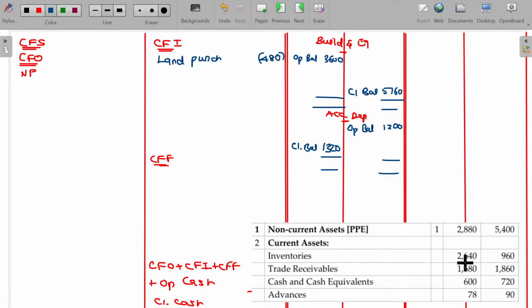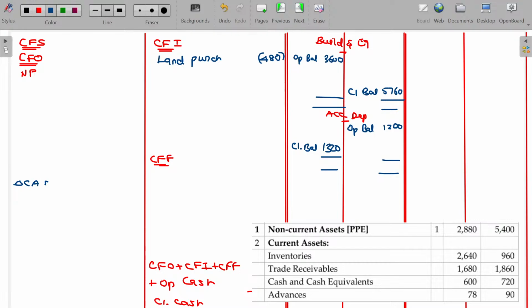Inventory. What happens here? Inventory value decreases, and a decrease means cash realized. So I will have the first part, net profit and the non-cash and non-operating items. The second part is for current assets and current liabilities, changes in current working capital.